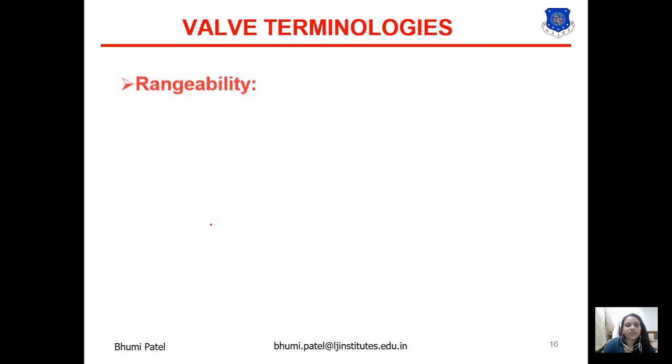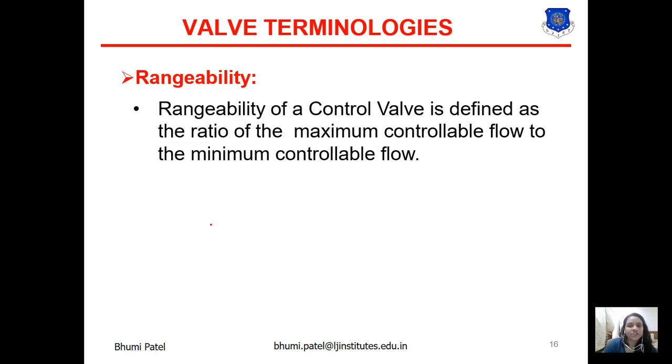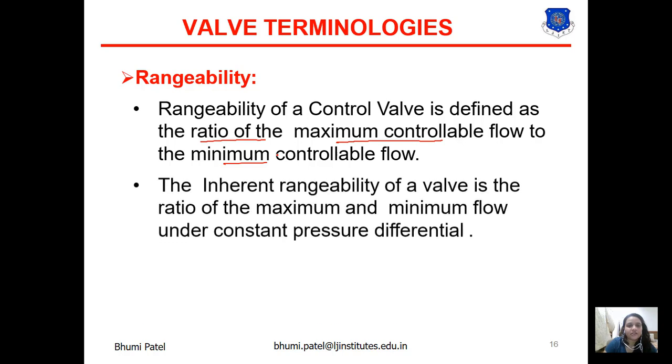Now the next one is rangeability. It is also a most important point for the control valve. What is the rangeability? The rangeability of a control valve is defined as the ratio of the maximum controllable flow to the minimum controllable flow. So this is the definition of rangeability.